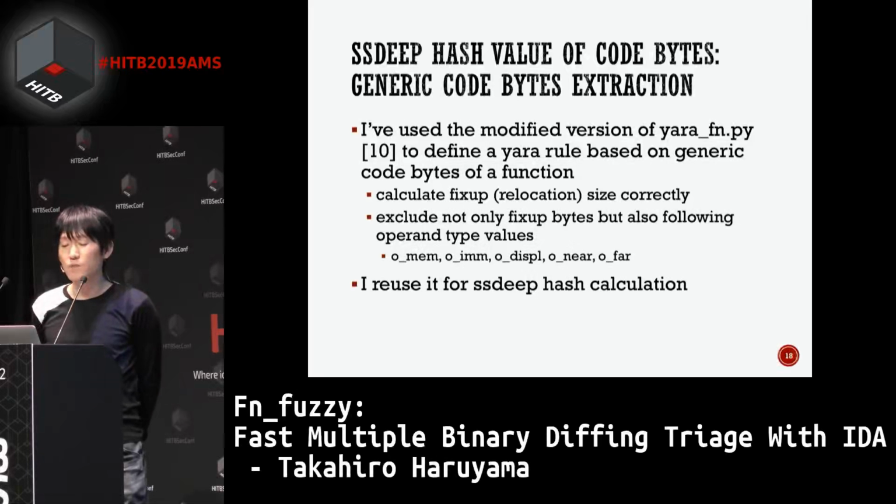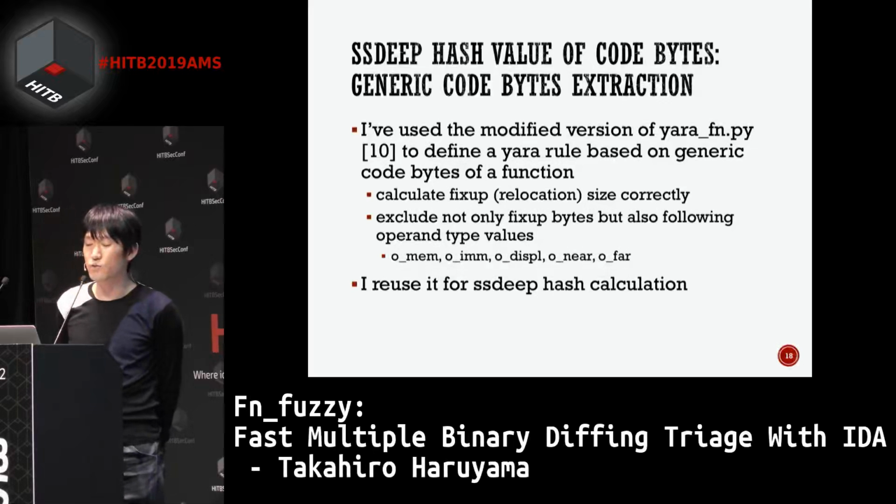For ssdeep hash calculation of extracted code bytes, I reuse the modified version of Yara FN.py. Yara FN.py is a Python script to define a Yara rule based on code bytes of a function.